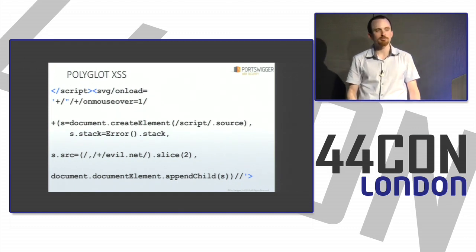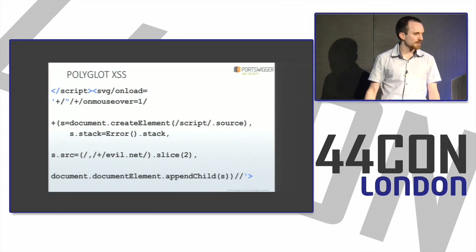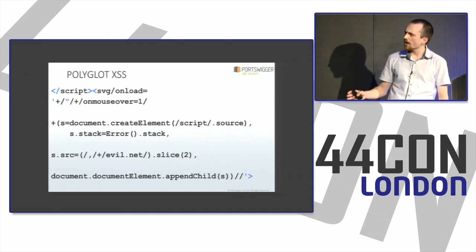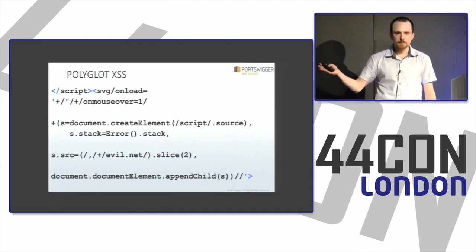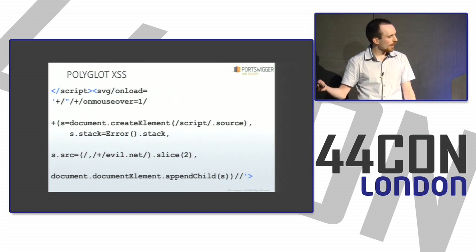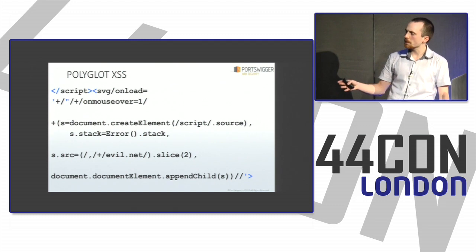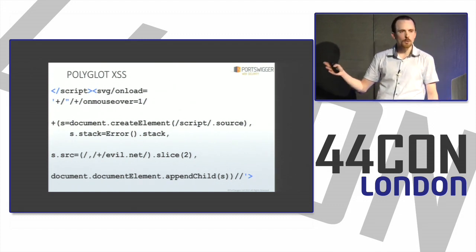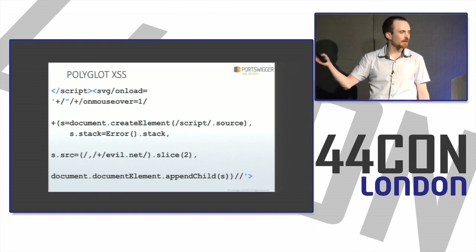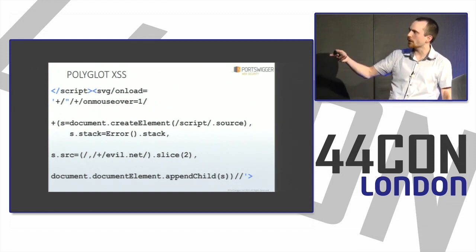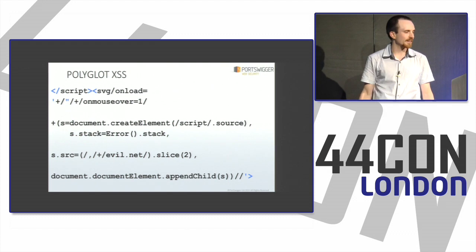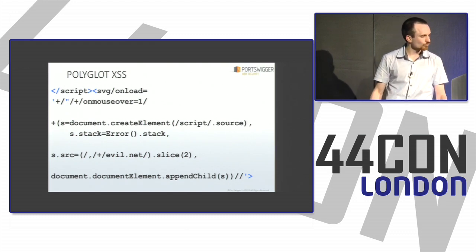So that proves we've got proper arbitrary JavaScript execution. And this is cool because this payload is nice and short. It also doesn't use much by way of special characters. Rather than using quotes to make a string, we've just used regular expressions. So we only need forward slashes, which are much less likely to be filtered.